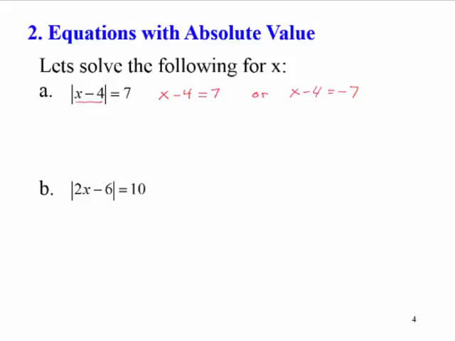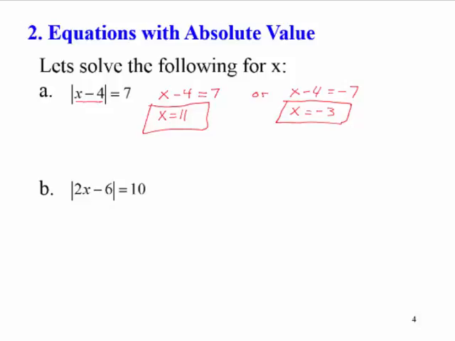So if we add 4 to both sides, x is equal to 11. And here we have x is equal to minus 3. Okay, so here's a solution, and here's a solution. We get two solutions with absolute value, because if it's negative, absolute value gives us the positive as well. So let's test them.